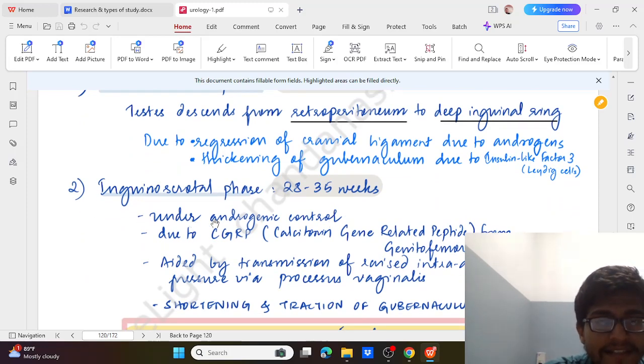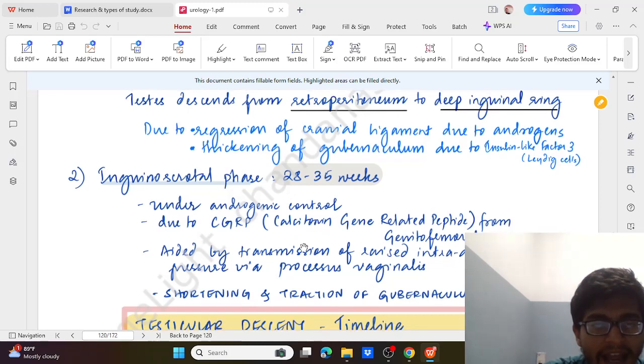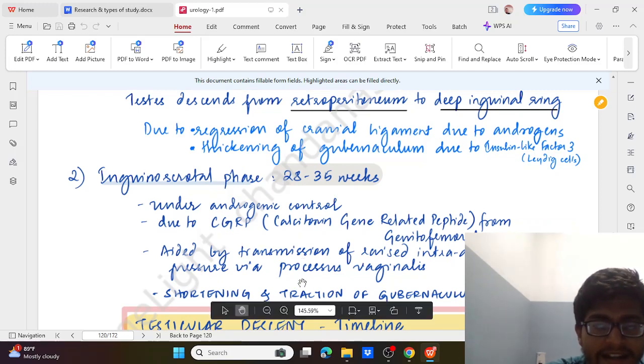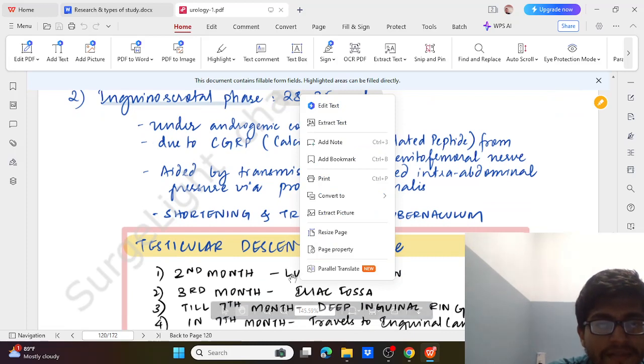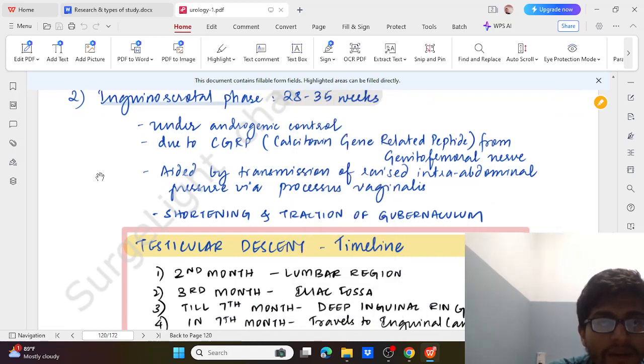In this, it is under androgenic control and due to CGRP, that is calcitonin gene related peptide from the genitofemoral nerve, and aided by the transmission of the raised intra-abdominal pressure via the processus vaginalis and shortening and traction of the gubernaculum. So this will cause the shift from the inguinal region to the scrotal region.